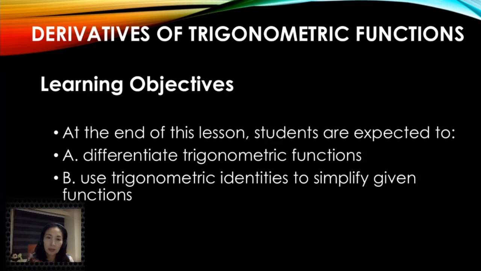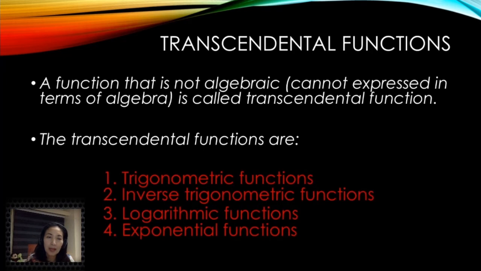Now, before we go into the derivative formulas for trigonometric functions, let's first describe a transcendental function, since in the past we have dealt with algebraic functions. So when is it transcendental? A function that is not algebraic, or that which cannot be expressed in terms of algebra, is called a transcendental function.